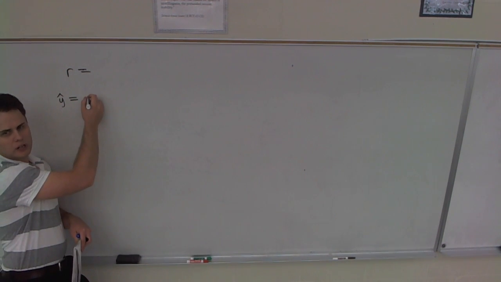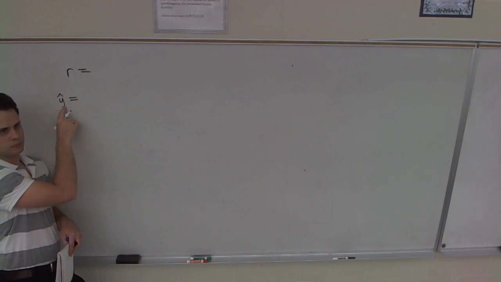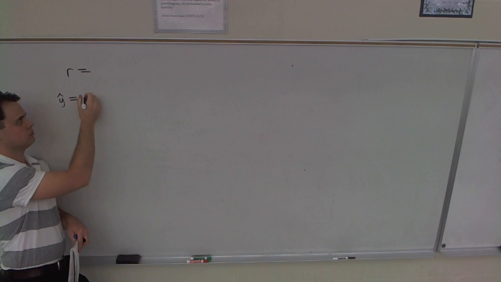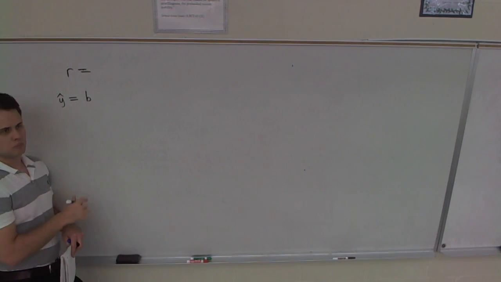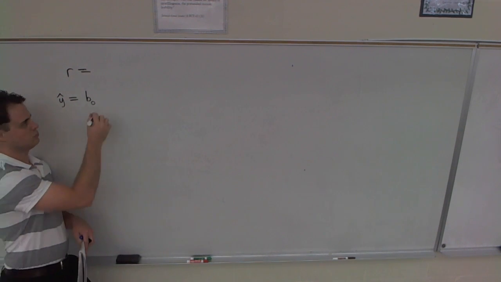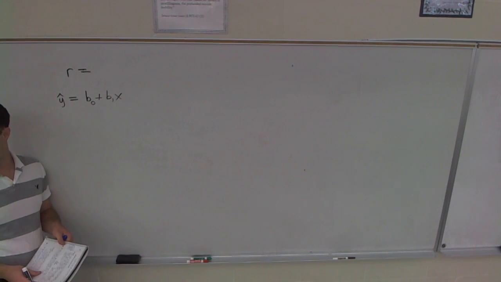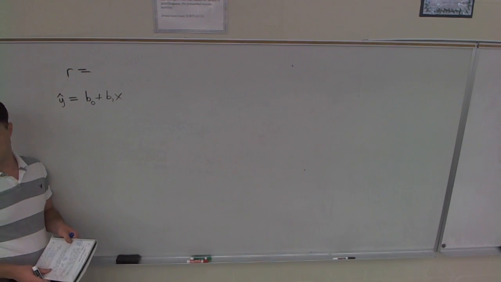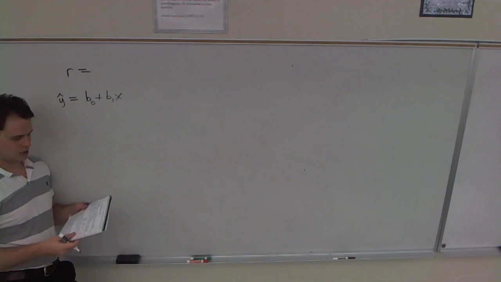Mx plus b written in the stats book was y hat equals b sub 0 plus b sub 1 x. Don't think this is new. It's just a different way to label the slope and the y-intercept.